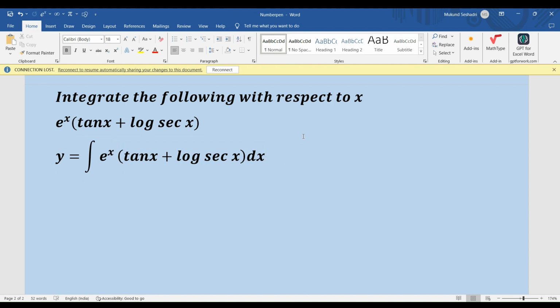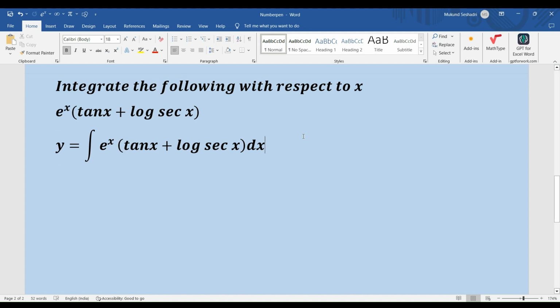Now how do we go about solving this particular problem, right? When you observe this very closely, you see that I can connect my tan x with a log secant x, right? What is the connect there? My d by dx of log secant x is nothing but tan x, right?